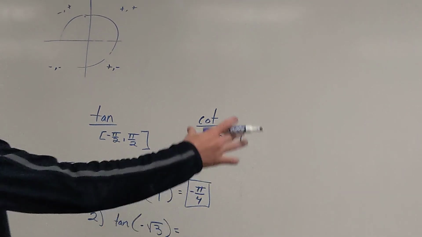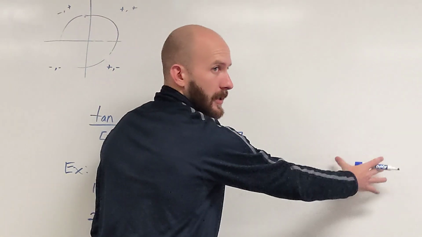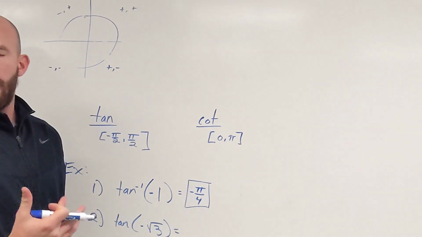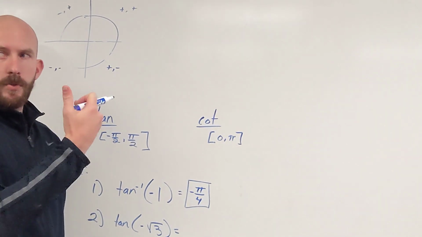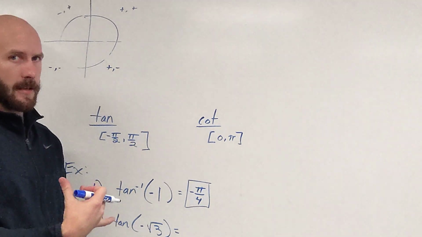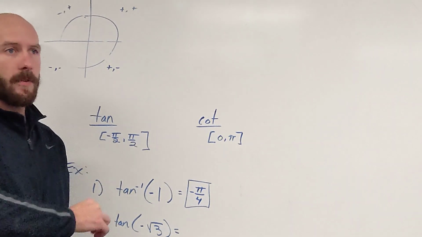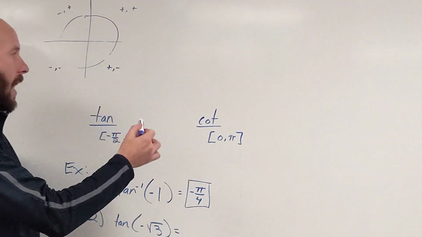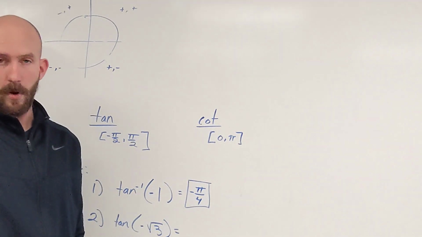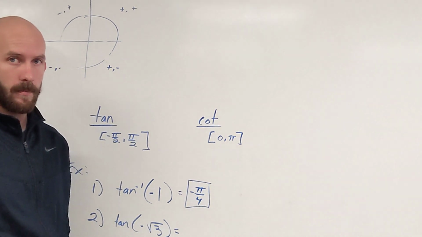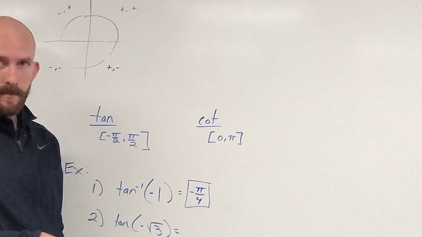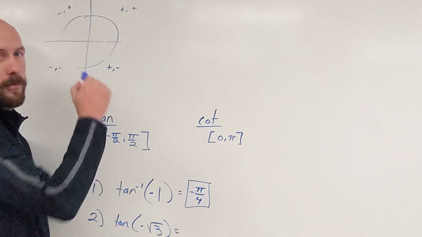If I look back at where we did all that division at the beginning, I get square root of 3 from taking square root of 3 over 2 divided by a half. It's going to be the exact same thing, even though it's negative. So I want that y value to be negative square root of 3 over 2, correct? So what angle would that have to be? Negative pi over 3.